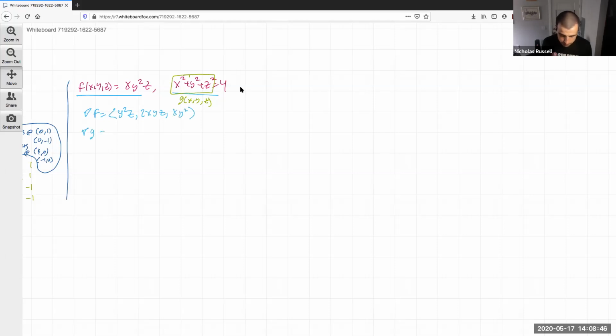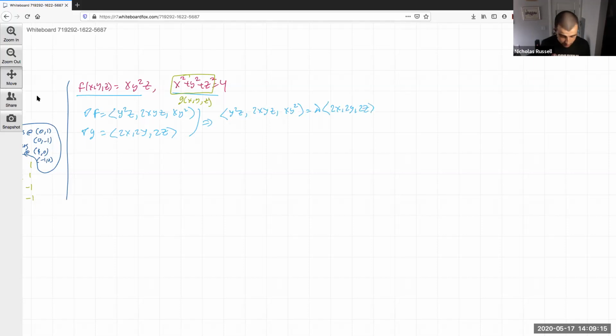The gradient of g is, pretty nicely, 2x, 2y, and 2z. Therefore we get our system of equations: the gradient of f, (y squared z, 2xyz, xy squared), equals lambda times (2x, 2y, 2z).